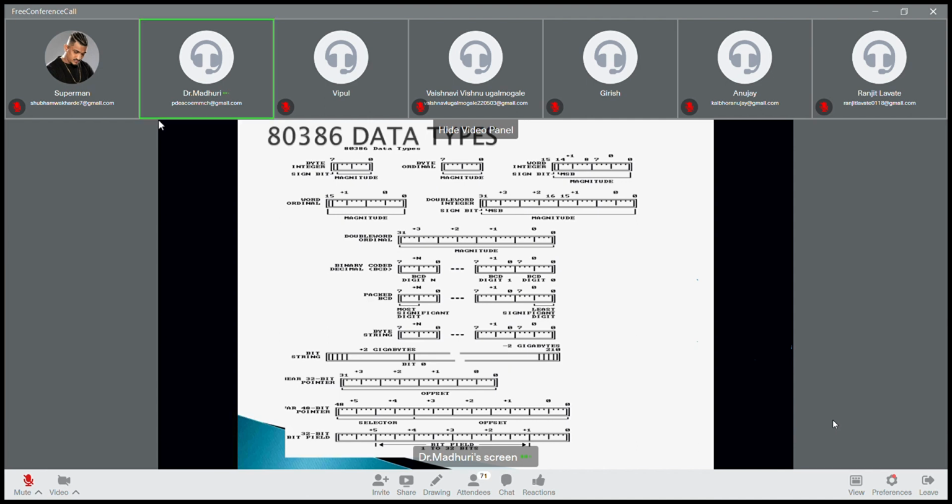One digit is represented in each byte. Don't go for the magnitude, just remember BCD.